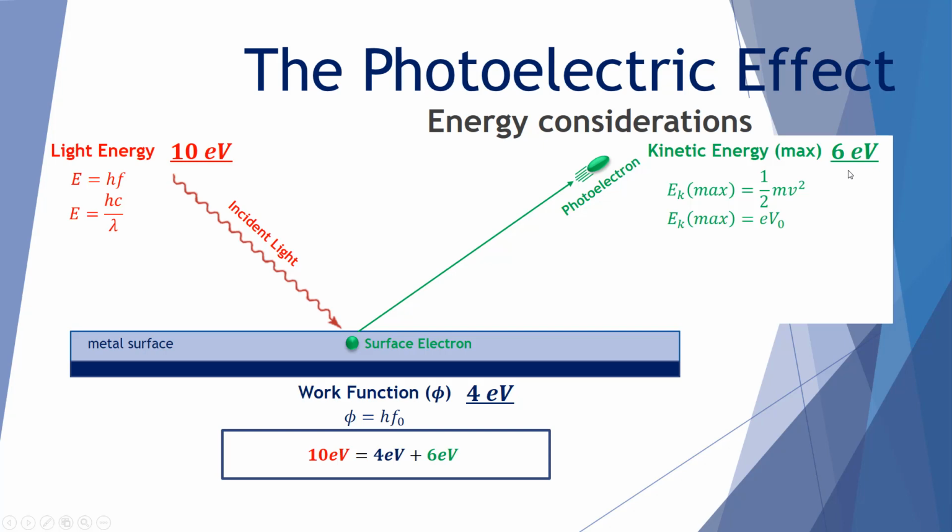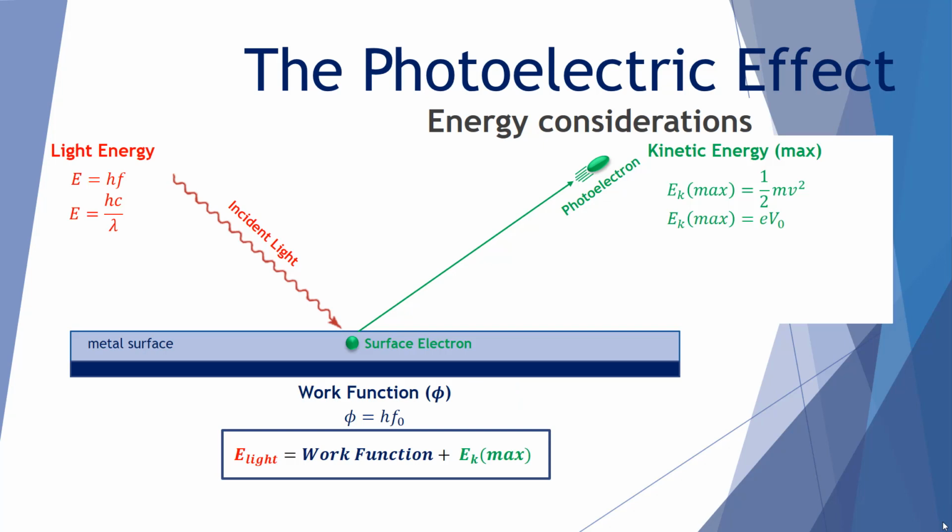It's simple energy in, energy out sums. Another example, if I had 10 coming in again, the same light with the same wavelength or frequency, and this new metal surface has a work function of 2 electron volts, that means it'd give up 2 and there'd be 8 electron volts remaining for kinetic energy of the photoelectron.